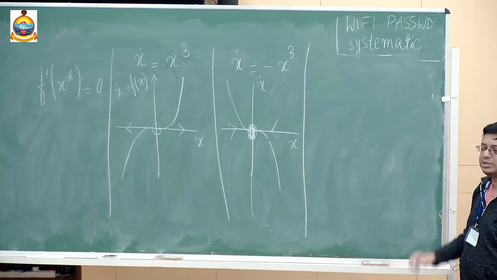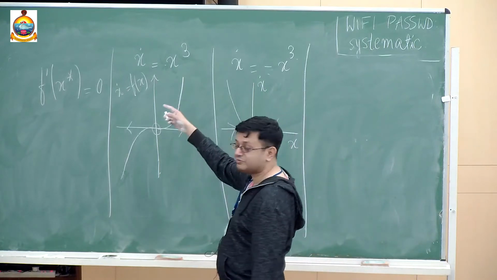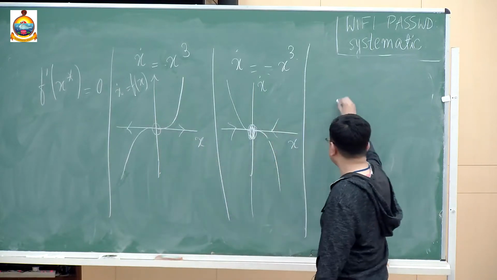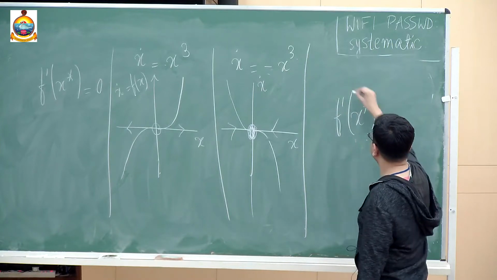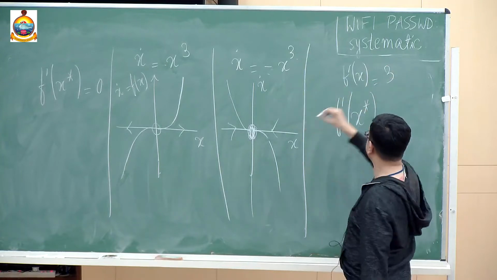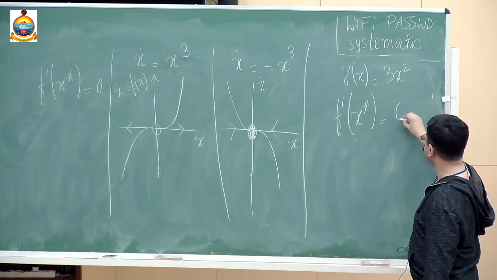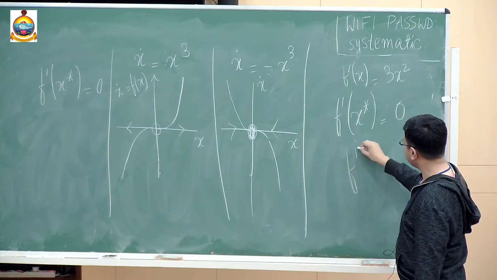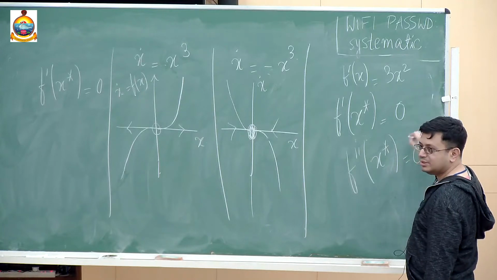But here are two examples where linearization is not going to work. Why? Because f prime of x star is equal to 0. So what is f prime of x? Let's say in the first example, it's 3x square. So f prime of x star is equal to 0, and not just that, f double prime of x star also is equal to 0.